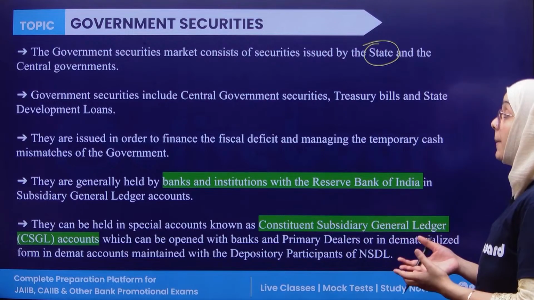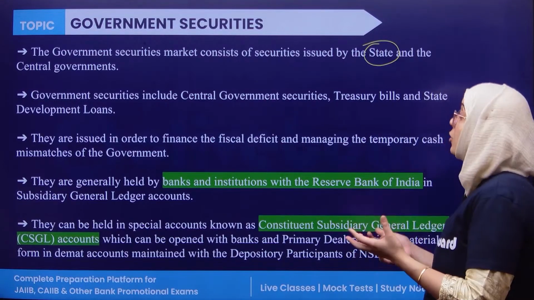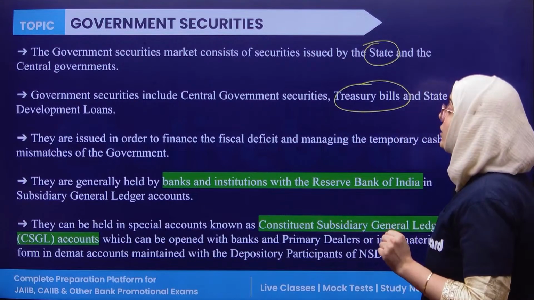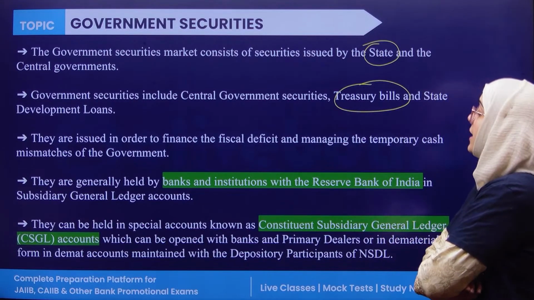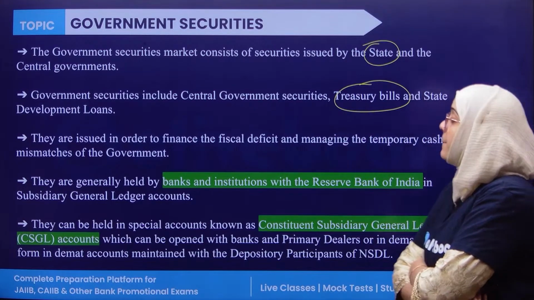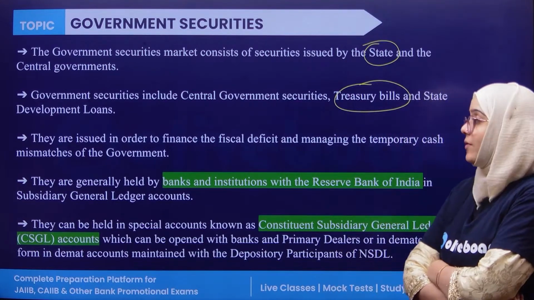Now, if we talk about the central government, important securities include treasury bills and state development loans. They are issued in order to finance the fiscal deficit and manage the temporary cash mismatches of the government.